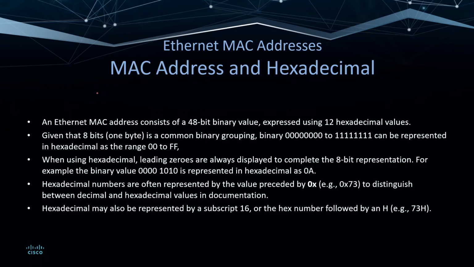For example, this could be a MAC address: 0001.1111.2222. They are written in hexadecimal. As we mentioned in previous videos, each hex digit represents 4 binary bits. So 4 multiplied by 12 gives a total of 48 binary bits.